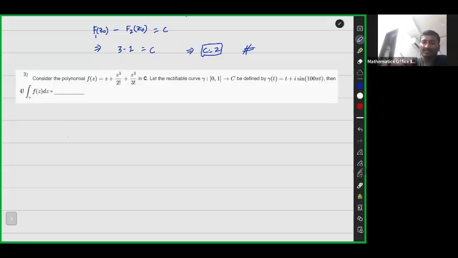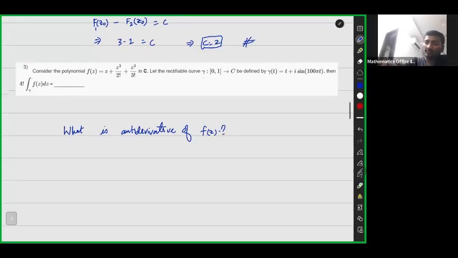First part: what is the antiderivative of f? Easily we can calculate it because it is a polynomial. So capital F of z is equal to z square by 2, right?